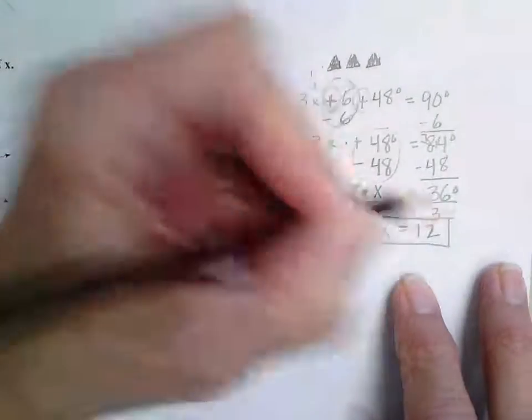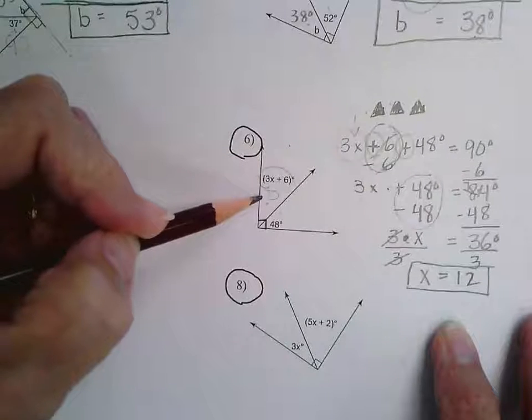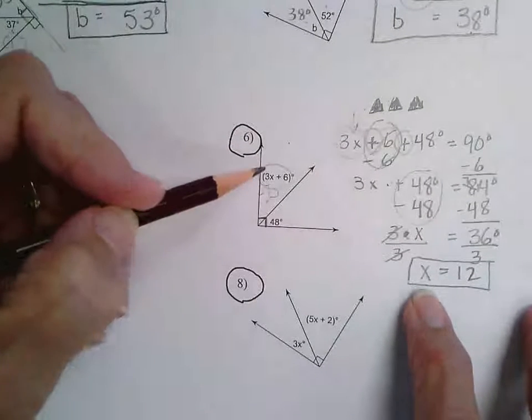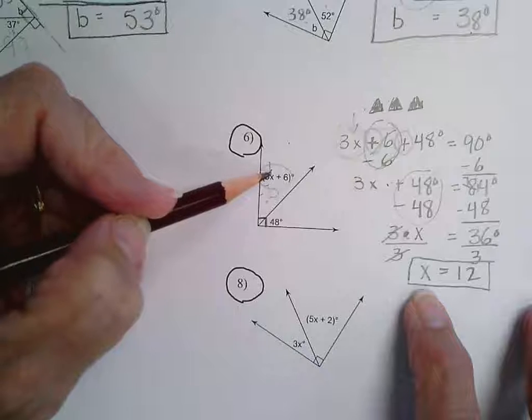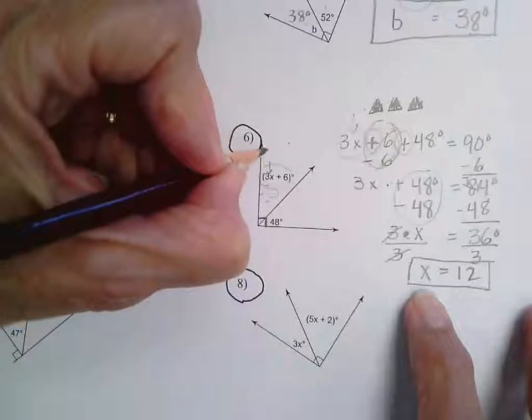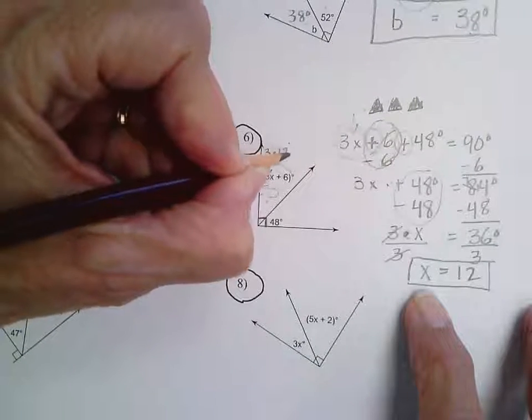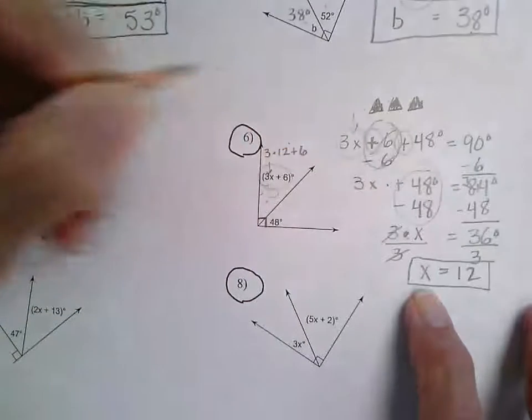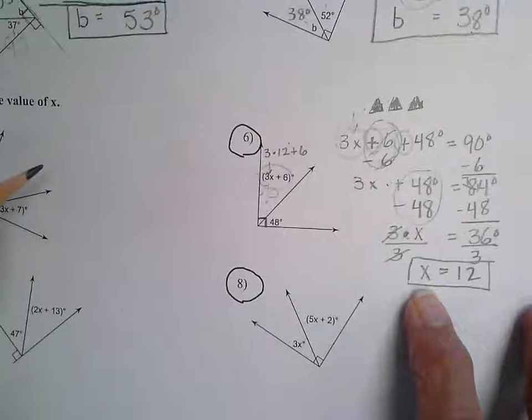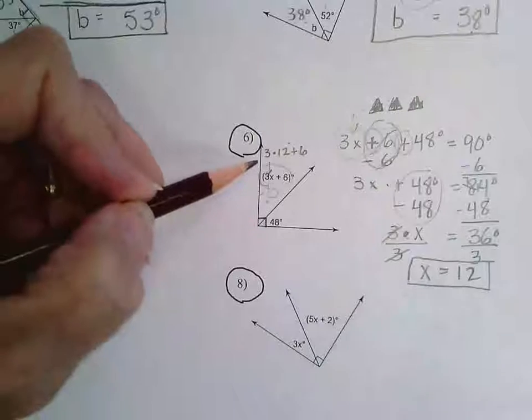That does not mean that this is a 12-degree angle. What that means is if I put x back in right here, 3 times 12 plus 6 would give me the value of this angle.